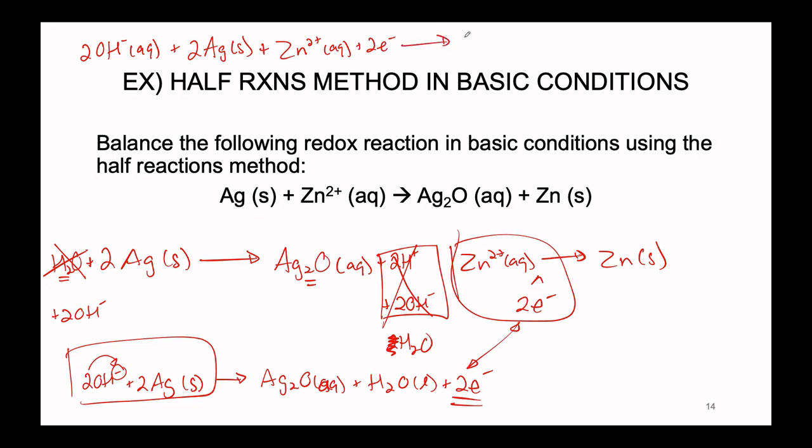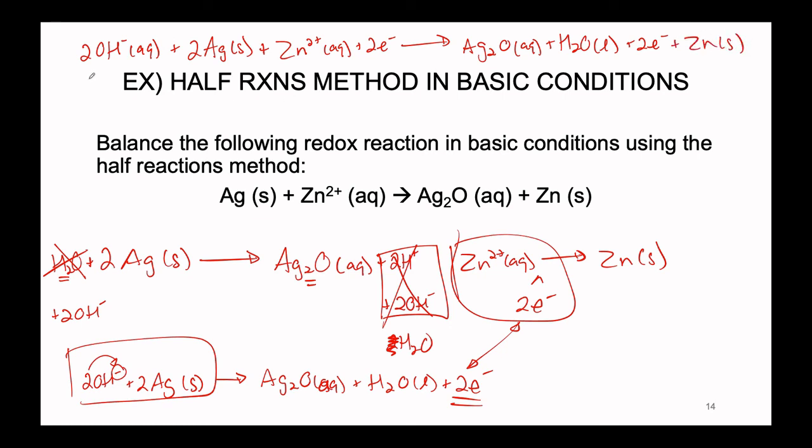And this will then transform via the transfer of the electrons from the silver that are being generated in the previous reaction. We're going to end up with some silver oxide, aqueous, some water in liquid form, 2 electrons, right, that again are being produced by the oxidation reaction, as well as some zinc solid.